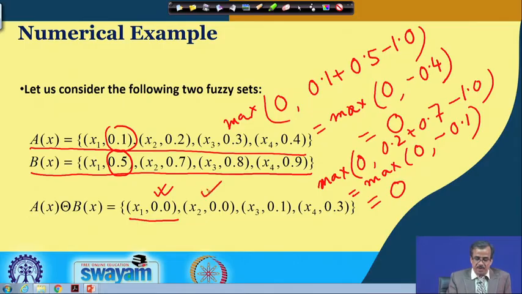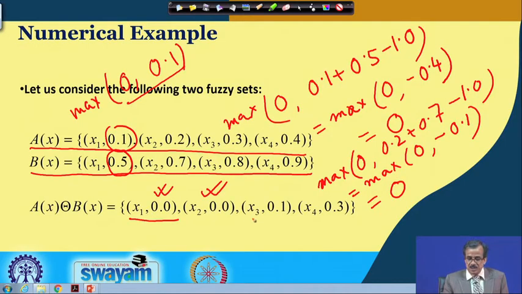So, corresponding to x2, there will be 0.0. Then corresponding to x3, we will have the maximum between 0 and 0.3 plus 0.8 is 1.1 minus 1. So, this is nothing but 0.1 and the maximum between 0 and 0.1 is nothing but 0.1.